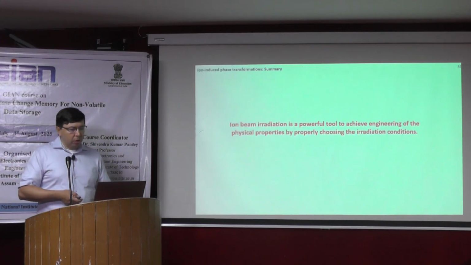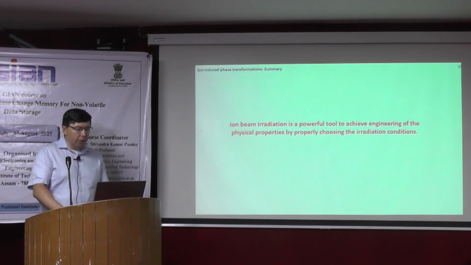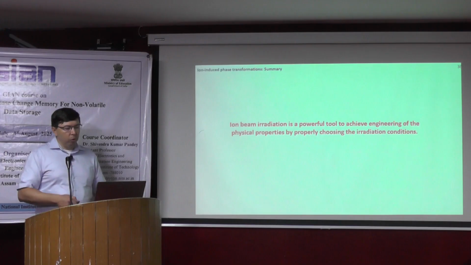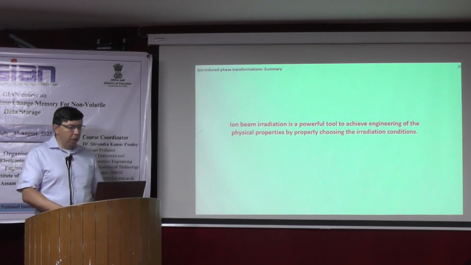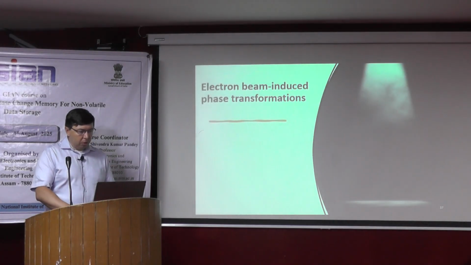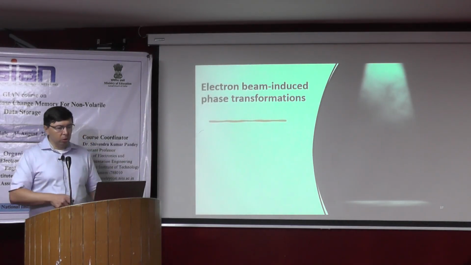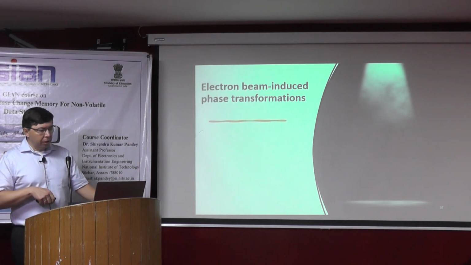So, as a small conclusion on ion beam irradiation: this is a very powerful tool to achieve engineering of the physical properties if you can properly adjust the irradiation conditions. Now let me move on to electron beam induced phase transformation.